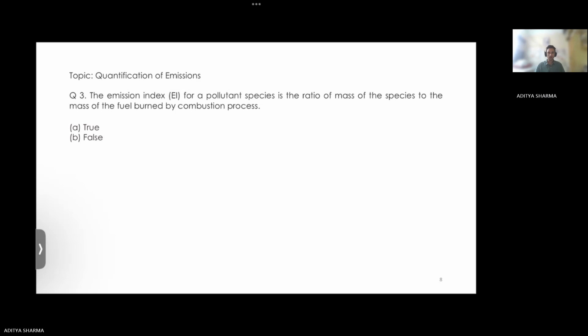And this is one of the definitions of your emission index. So I have written one formula for emission index, and this one is also the correct form of emission index.